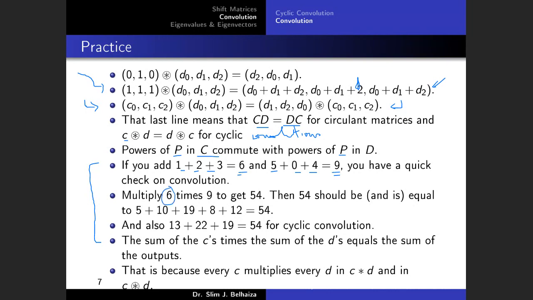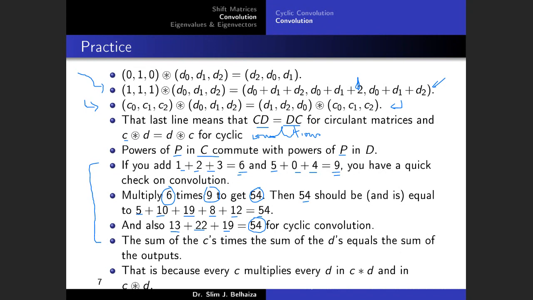So if you multiply 6 times 9, you get 54. And that same 54 is exactly the sum 5 plus 10 plus 19 plus 8 plus 12 you got with the ordinary convolution. And that same 54 is exactly the sum you get with 13, 22, 19 with the cyclic convolution.